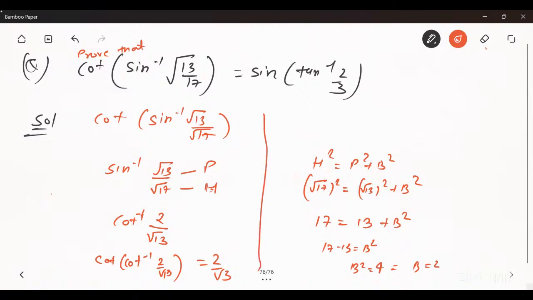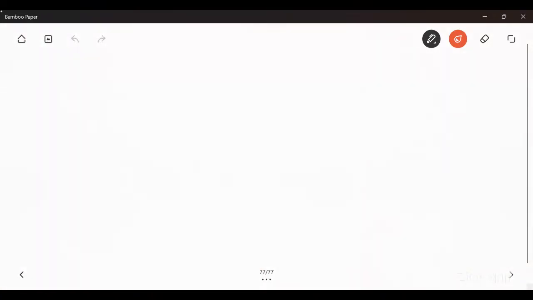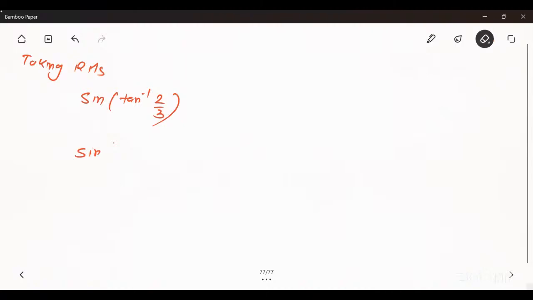Okay, now I'm taking RHS: sine of tan inverse 2 upon 3. So tan is perpendicular upon base.